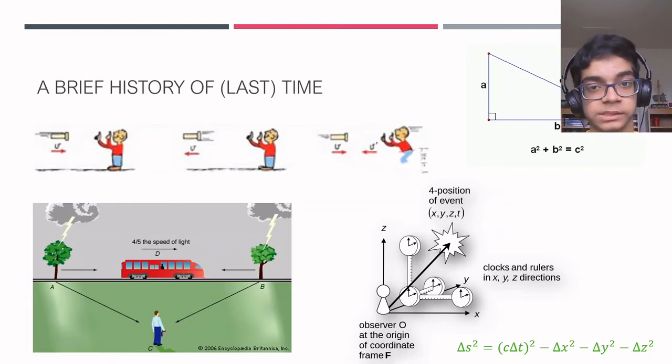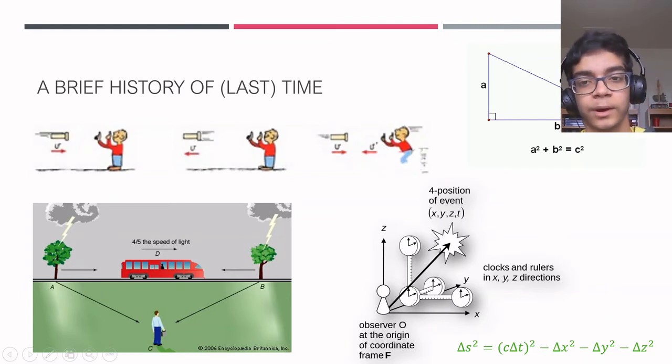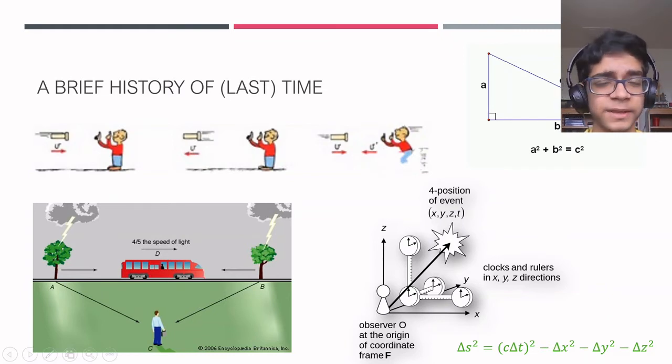Or, if this was in 2 dimensions, it would be something like d squared, where d is the distance, equals x squared plus y squared. So we scaled this up to working within not just 3, but 4 dimensions, as seen by this 4 position here, where a 4 position is just a 3 position, aka its real-world coordinates in x, y, and z, length, width, and height, but then we also add on a nice little t component for the time.